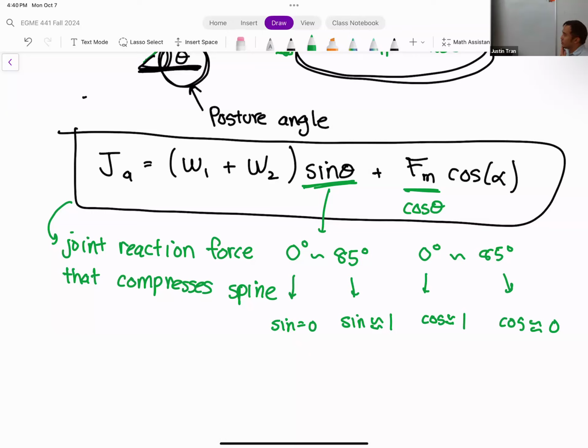So this is quite interesting. Depending on your posture, there's always going to be some component of force that's compressing your spine. There's no getting around it.